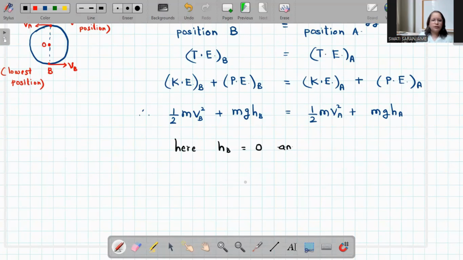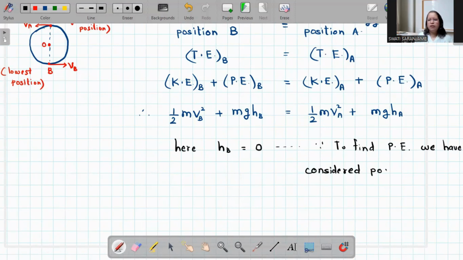Let's give the reason here itself: since to find potential energy, we have considered position B as our reference point.